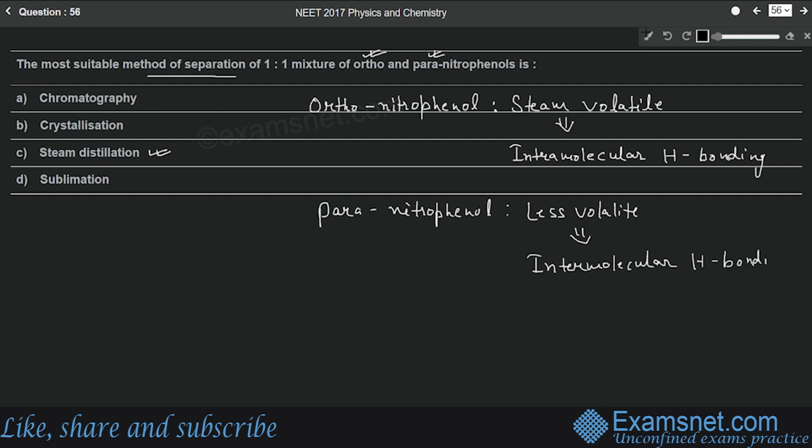So the molecules will be more closely associated with each other. Therefore it will be difficult to vaporize them, right? So what will happen when we perform steam distillation? More volatile, that is orthonitrophenol, will get vaporized first and it will be collected separately, right? So this way they can be separated. So option C will be the correct answer.